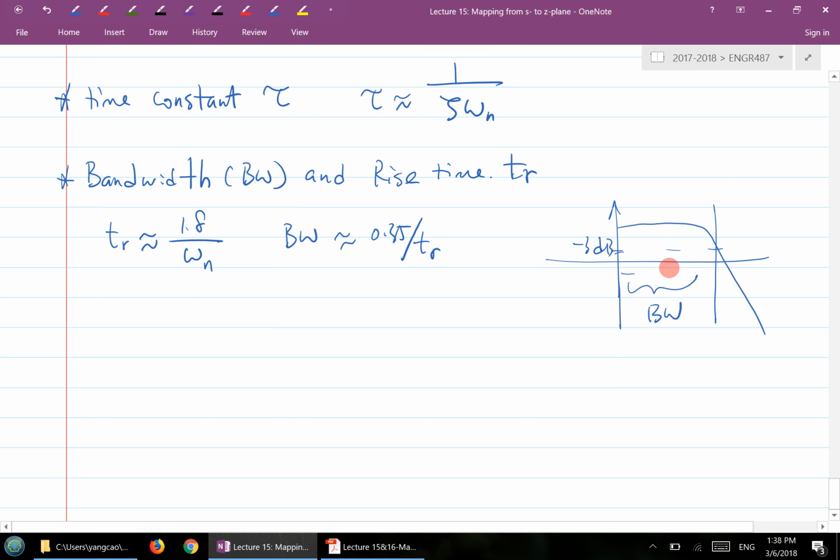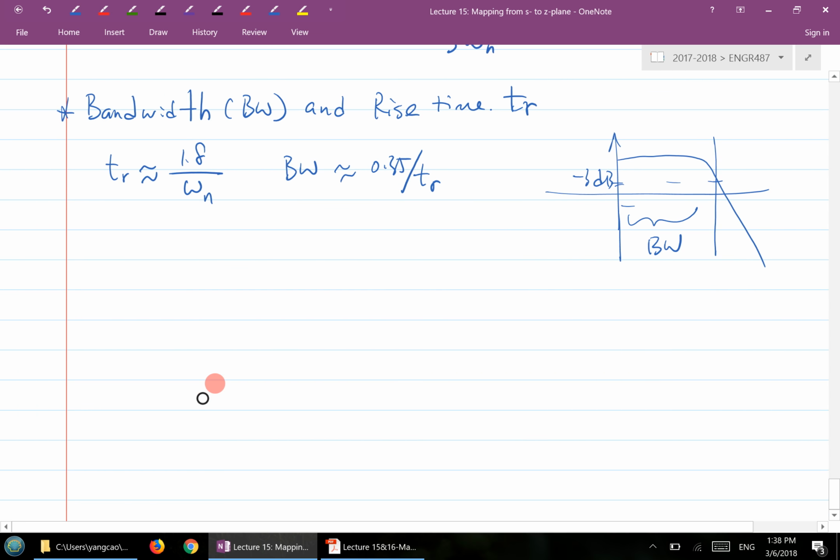Okay. Here's a quick example. Suppose that we were given a settling time Ts. When you're given a settling time Ts, this typically means at least, because at the most doesn't make sense.